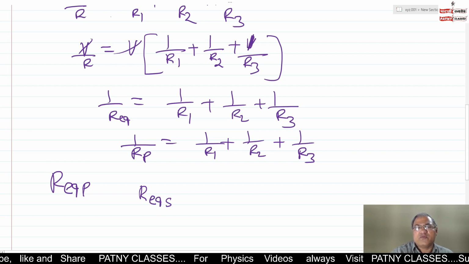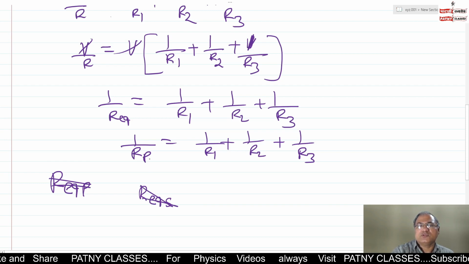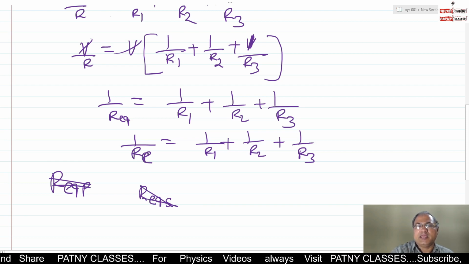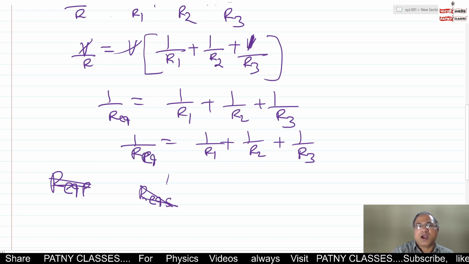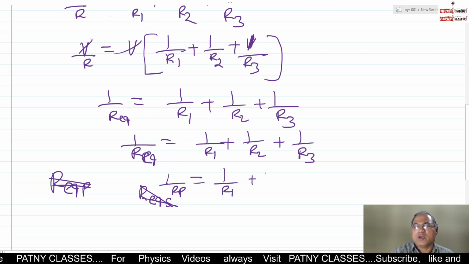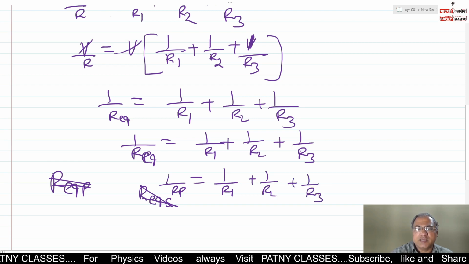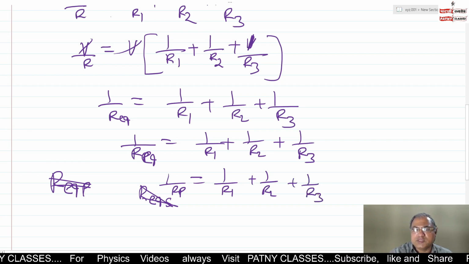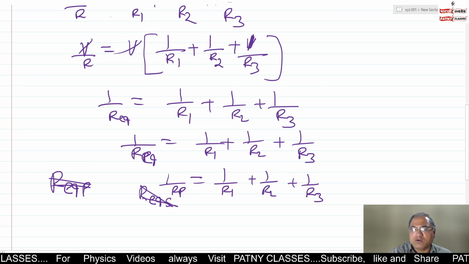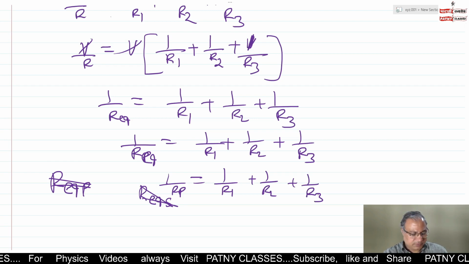So there are different modes of representation. Don't confuse yourself. This is the expression by which we can find out the equivalent resistance in parallel combination.